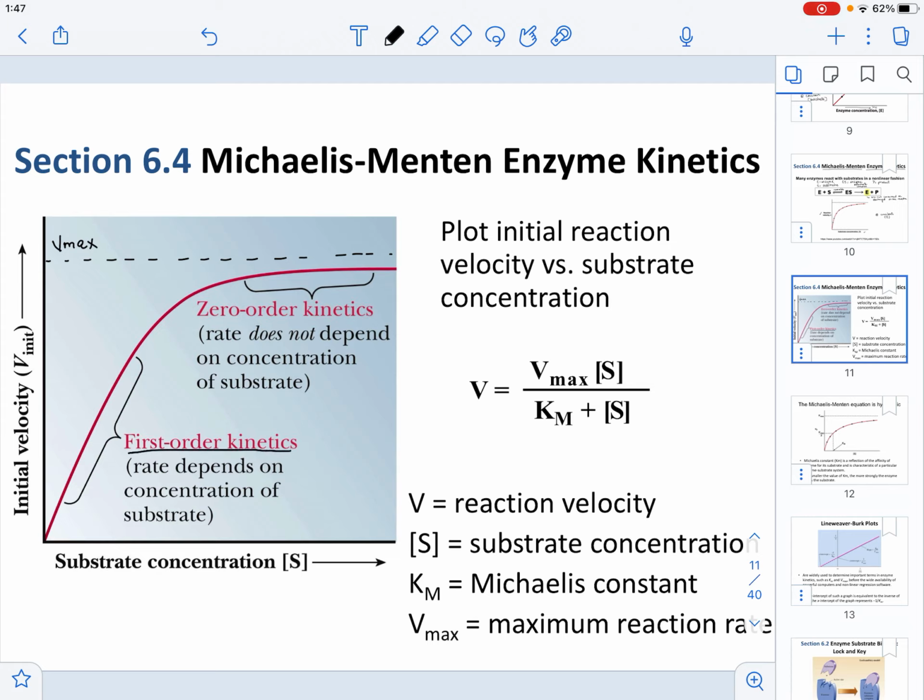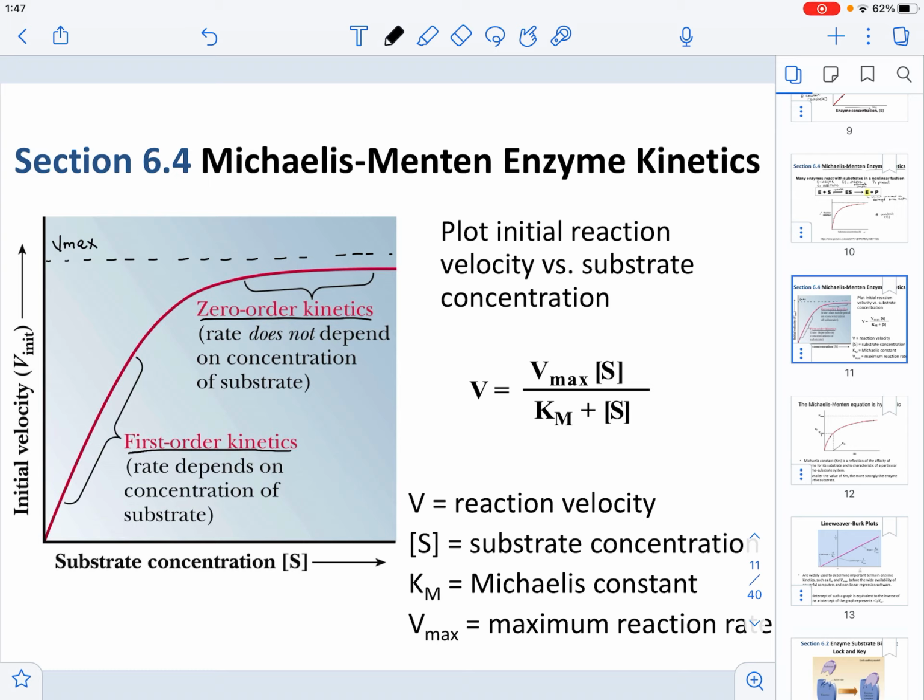During zero order kinetics, as you can see, the rate of the reaction does not depend on the concentration of the substrate. Overall, our enzyme is going to have its maximum velocity, which is known as Vmax, and you can see the dotted line on the top.